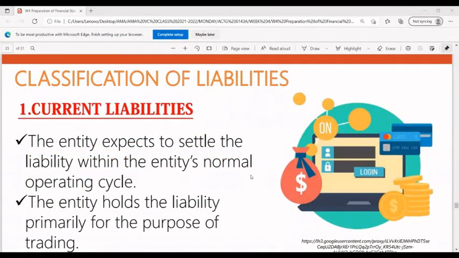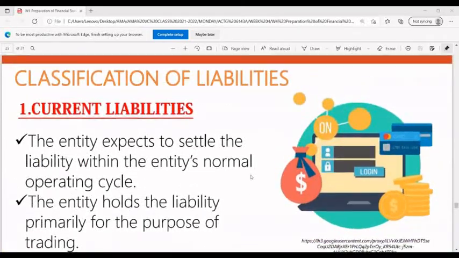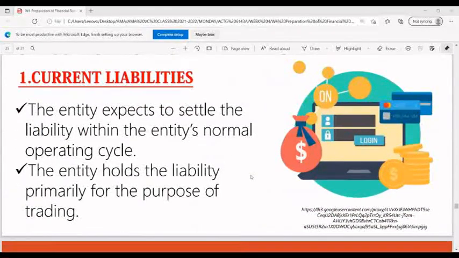Classification of liabilities. Current liabilities, again class, is an obligation. It's the same: the entity expects to settle the liability within the entity's normal operating cycle. Earlier, what we discussed was current assets, where you have something to collect, like accounts receivable, for which I gave examples. Here, you have something to pay. If you owe your supplier, the one from whom you get the products or supplies you sell, then you are the one who owes the supplier.